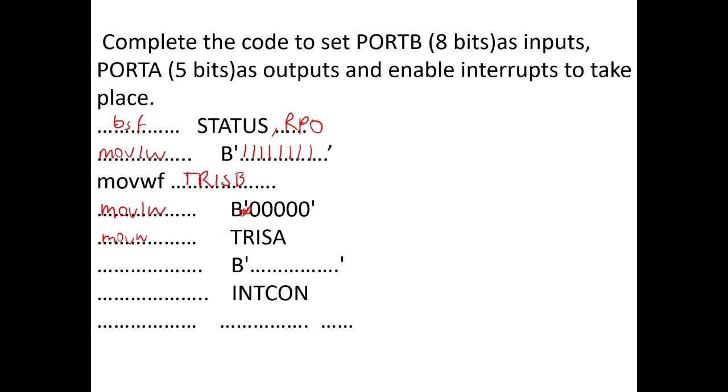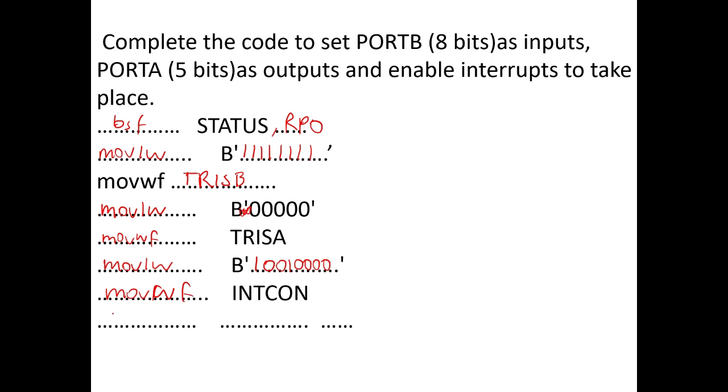Move from working register to file TRISA, and then we want to set up the interrupts. So we know it's going to be bit 7, 6, 5, 4, 3, 2, 1, 0. So move a literal into the working register, and obviously move from working register to file INTCON.